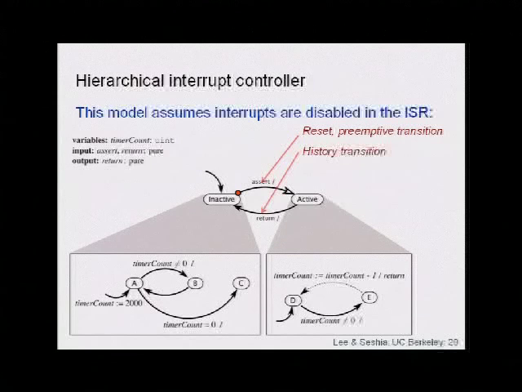So the way you do this is you start with the initial state, in the inactive mode, where the main function is in A and the interrupt service routine is in D. In this case, we are modeling the interrupt service routine to start off in D. Then the initialization is that timer count is set to 2000.